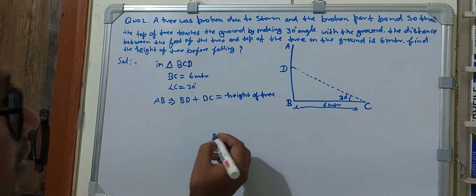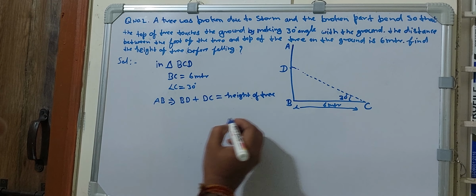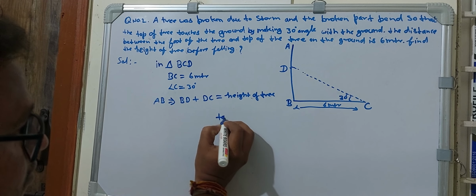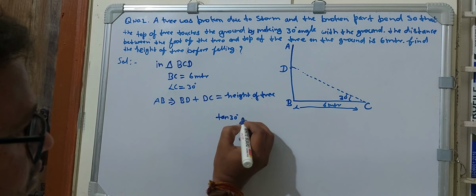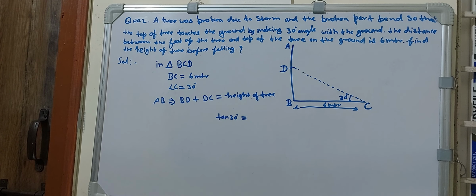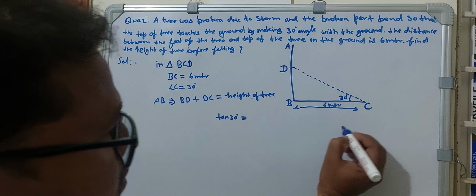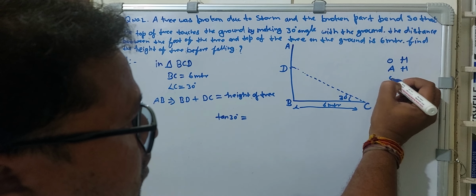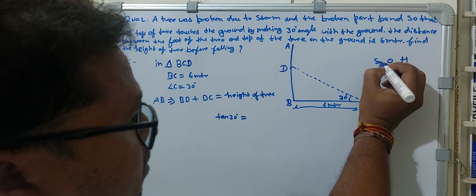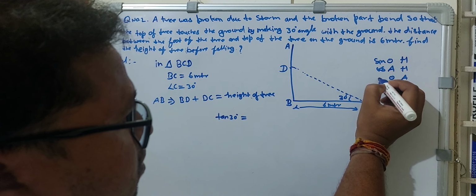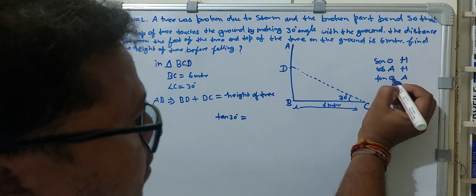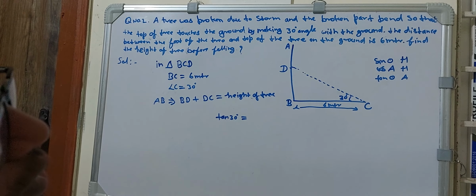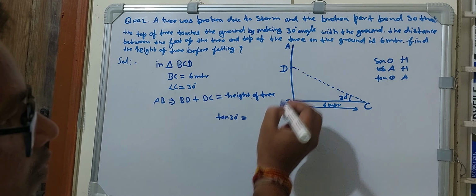So let's say we'll use first tan 30 degree. So tan ratio will be what? Remember old hero and his old accent. In that old hero and his old accent, sine, cos, tan. Tan is coming where? Old accent. That means opposite.